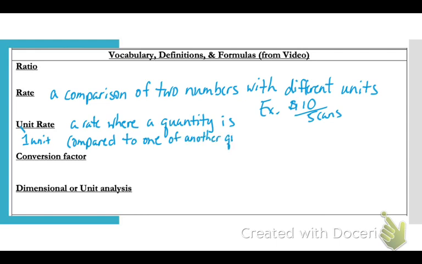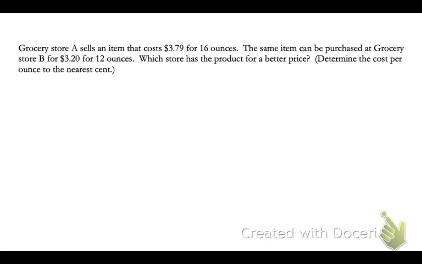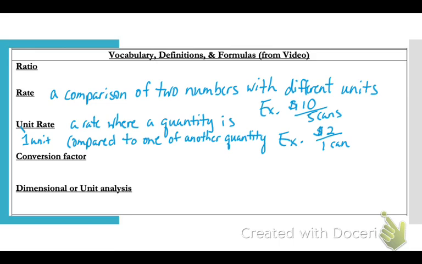So we're going to go back to our same example and we're going to divide or simplify our rate. And so 10 divided by 5 is 2. So our $10 for 5 cans will reduce to $2 per 1 can.